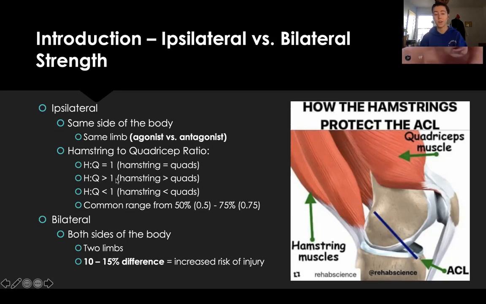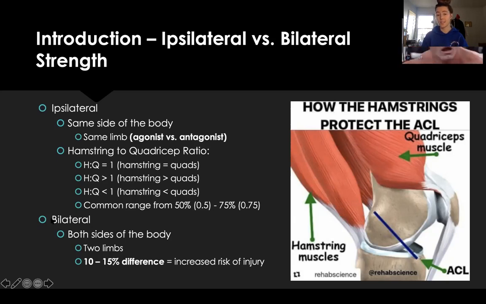If the hamstrings are weaker than your quads, you're going to have a number less than 1. The range is generally from 0.5 to 0.75. So your hamstrings are usually weaker than your quads, which can lead to injuries like ACL tears.